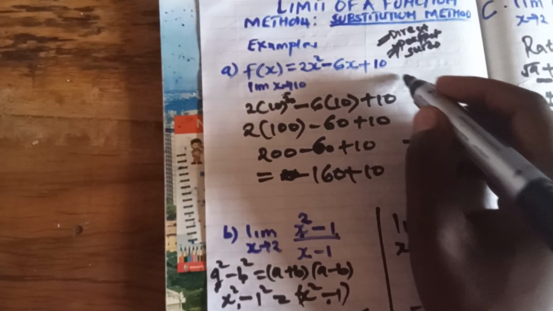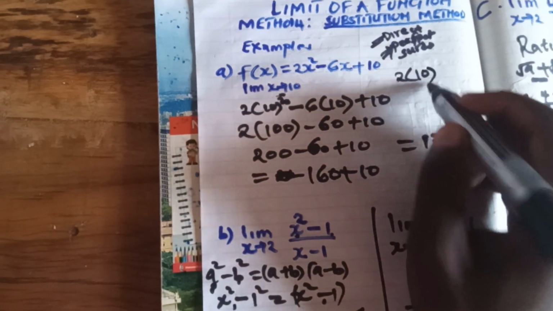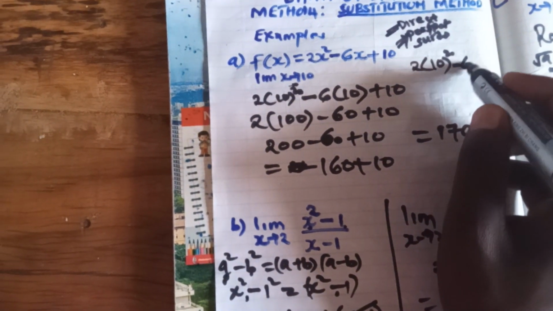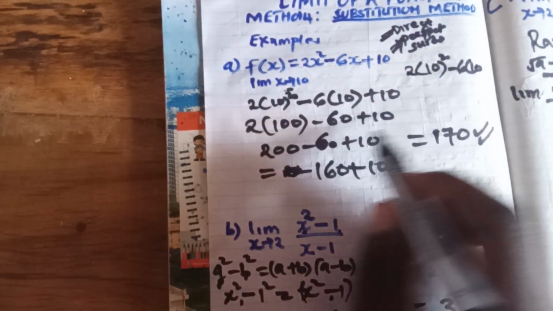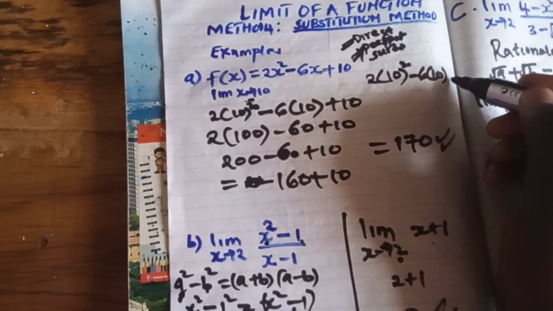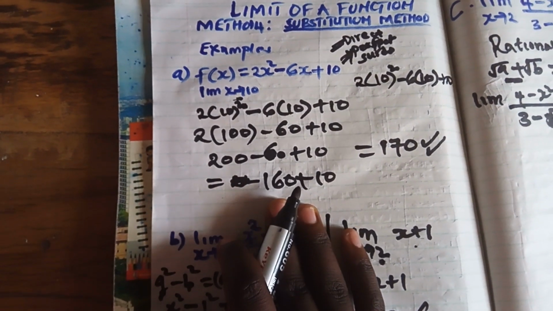Then we'll have 2 into x, our x is 10, squared. We have minus 6 into x, which is 10. We add 10.